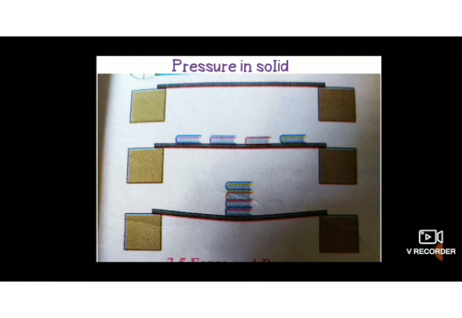So, pressure on solid: when weight is kept on the solid object, pressure is exerted on it. This pressure depends on the value of the weight and the contact area between the two.